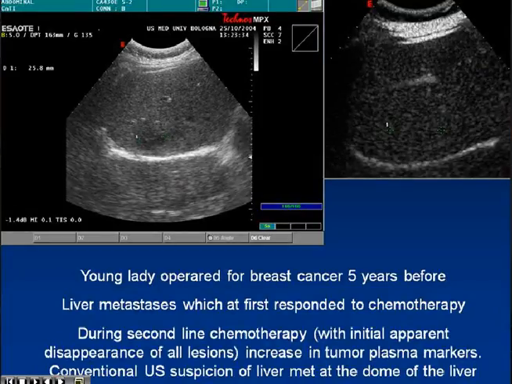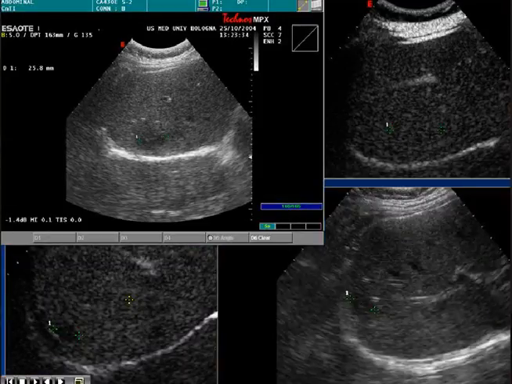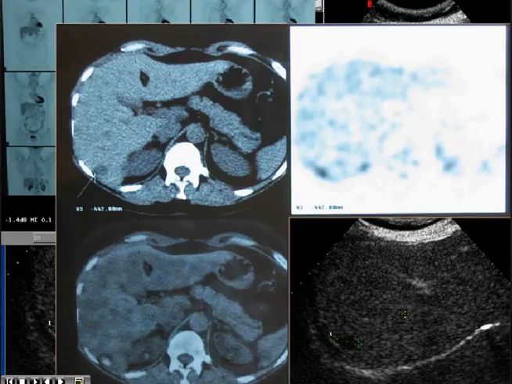This was the usual standard, conventional ultrasonography from 6 years ago, but by CEUS there was no washout in this area, but there was a washout here. It was a little bit unexpected, but then she was submitted to PET-CT, and PET-CT indeed confirmed that the lesion was where CEUS saw it and not where conventional ultrasound had seen it.